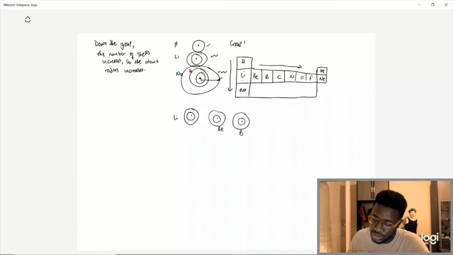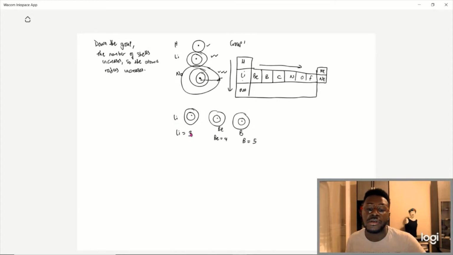So we have exactly the same number of shells. But what we have is that lithium has atomic number of 3. Beryllium has atomic number of 4. Boron has atomic number of 5. Atomic number gives the number of protons. So lithium in the nucleus has 3 protons. Beryllium has 4 protons. Boron has 5 protons. But they have exactly the same number of shells.